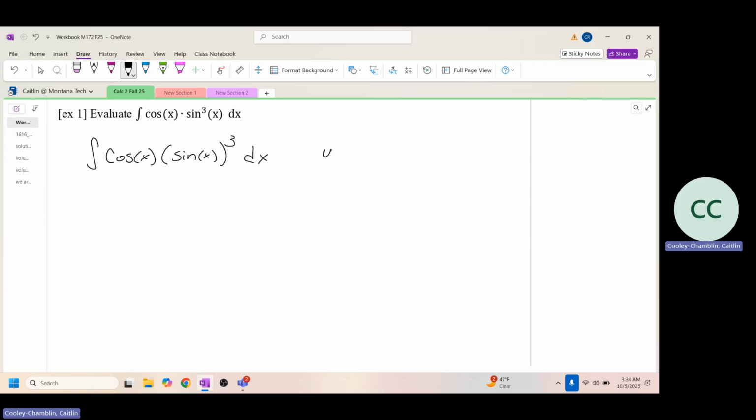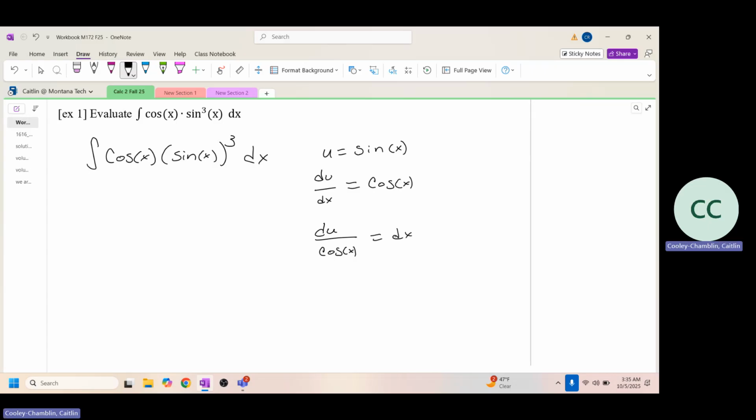I'm going to say u is equal to sine of x. So du over dx, the derivative of sine, is cosine of x. And so du over cosine of x equals dx.